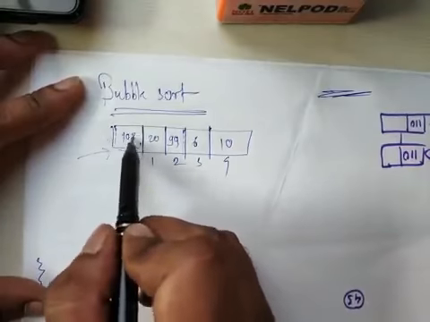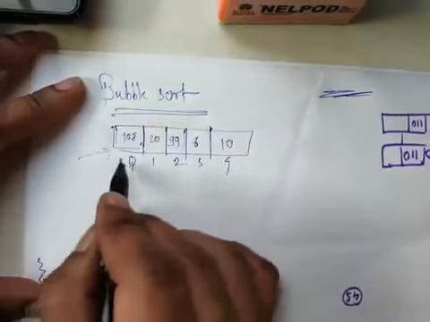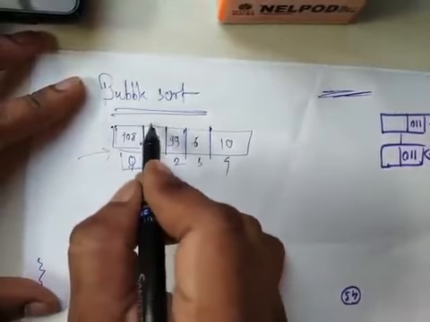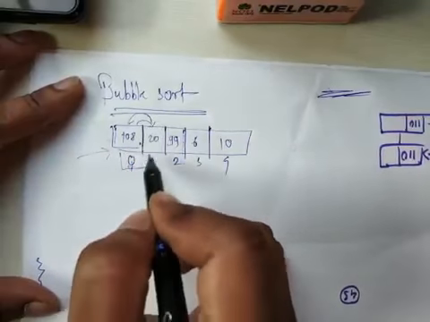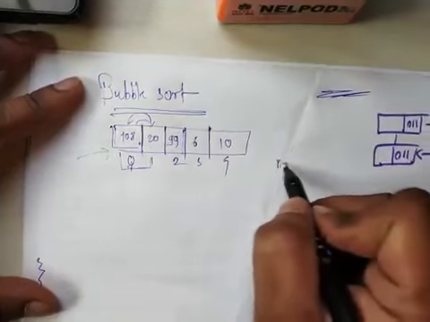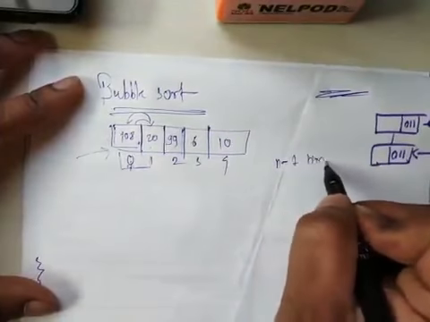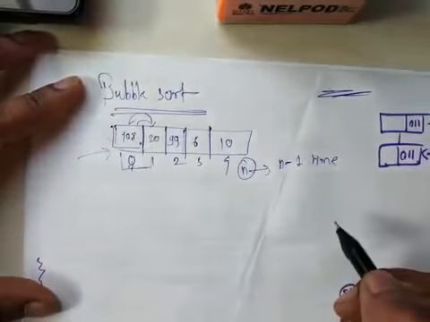If the first element is greater than the second element, it will swap the position of both. Then 20 will swap to this location and 108 to this location. Then move on to compare the second and third elements, and so on. If we have n elements, then we need to repeat this process n minus 1 times.